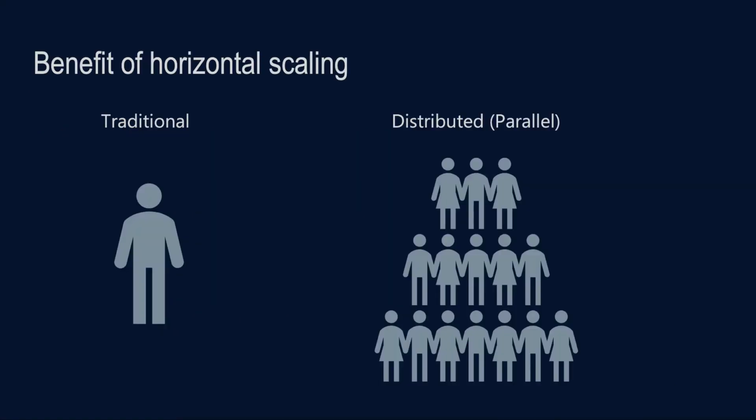So the benefits of horizontal scaling, I want to make sure we get this. Let's go with a simple example. If we were talking about a job that we ask people to do, let's say you're trying to move from one apartment to another. You could hire professionals and maybe you get one single really good experienced professional and they come in and do a great job and you pay them for that work. Or you could just get 10 of your friends, buy them some pizza, and you're going to get the job done probably at least as quick if you have enough people.